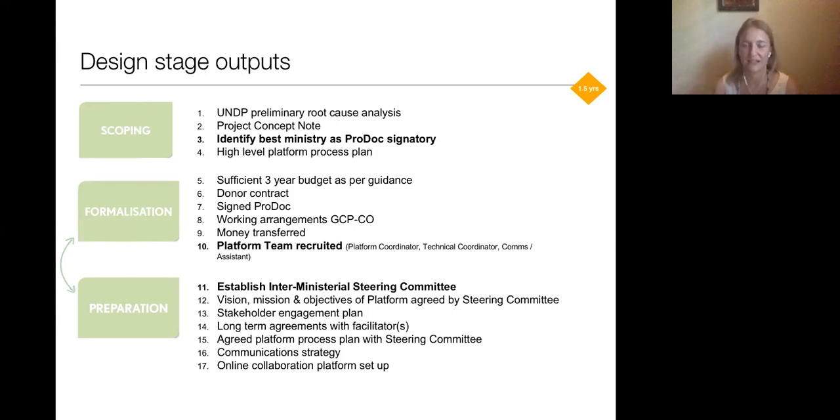In the next stage, if you've agreed a vision and objectives and presented them to all the stakeholders, it's a good place to come back to when things get difficult, to say, let's remind ourselves, we're not here to fix some particular stakeholder's problem. We're here for this much broader vision and broader objectives that are generally easy to agree with. So it's a really good tool for the rest of the life cycle of a platform.